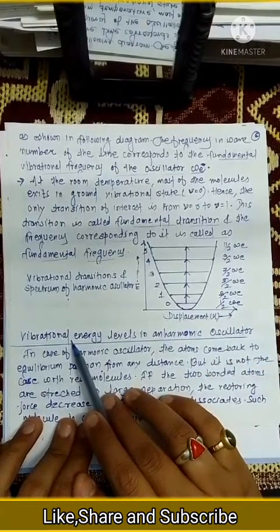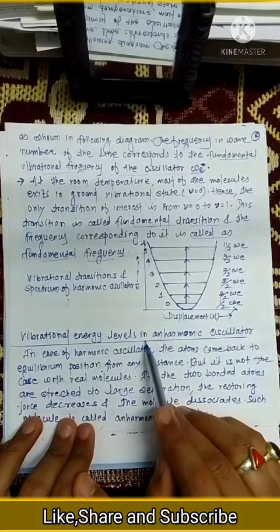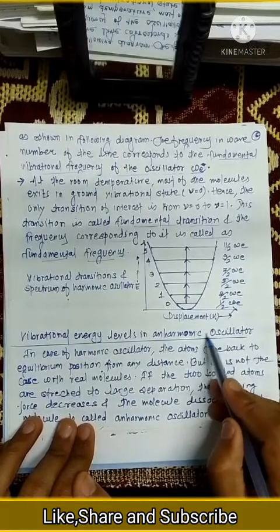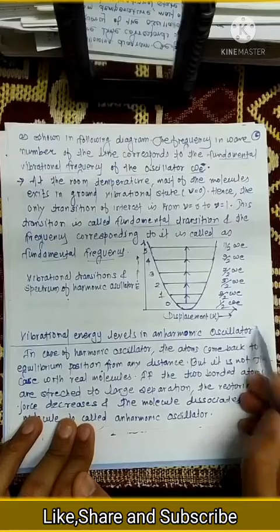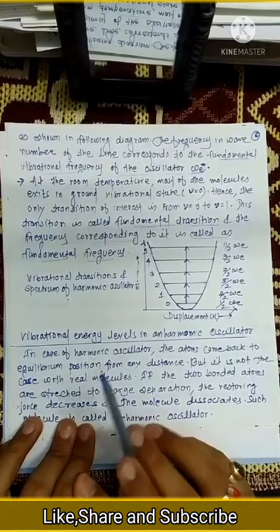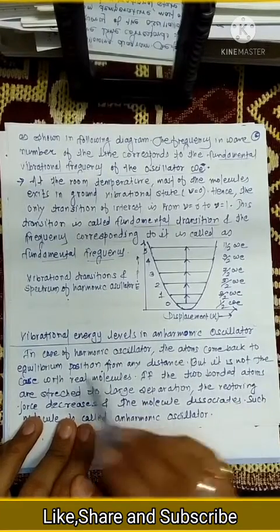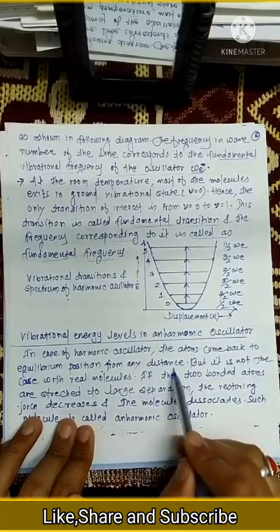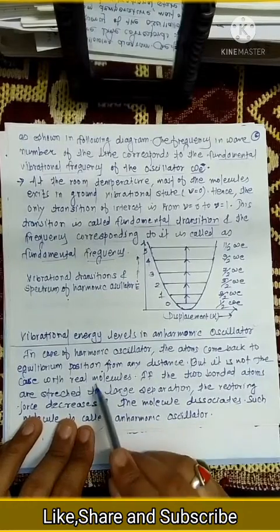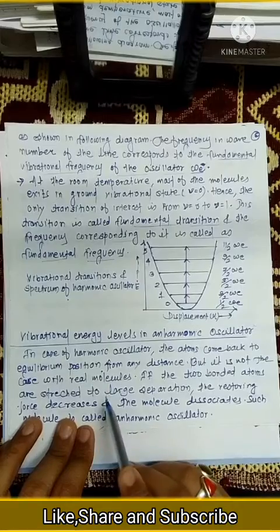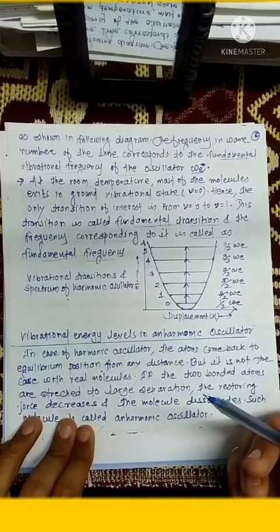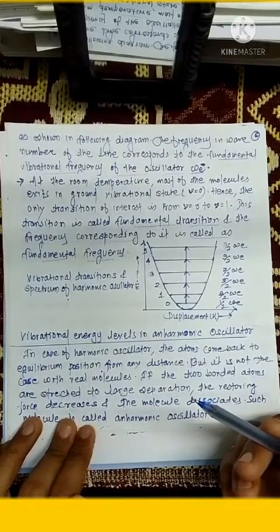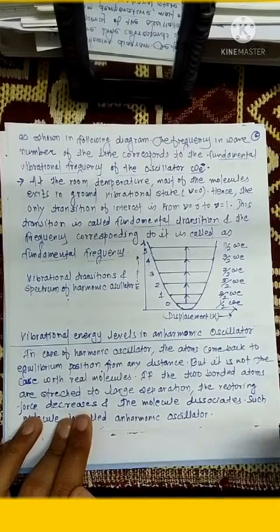Now we are going to discuss the topic of vibrational energy level in anharmonic oscillator. It is important. In case of harmonic oscillator, the atoms come back to equilibrium position from any distance, but it is not the case with the real molecule, because when we discussed the previous topic, we considered the bond to be like a spring, but in actuality the bond does not behave as a spring.